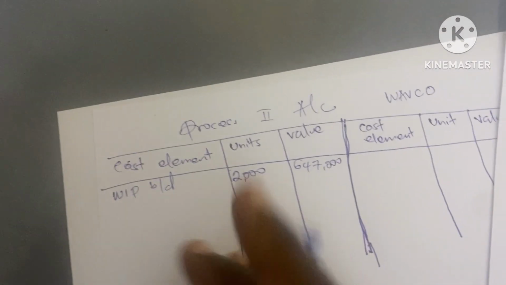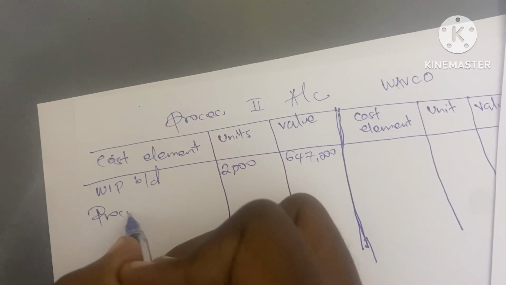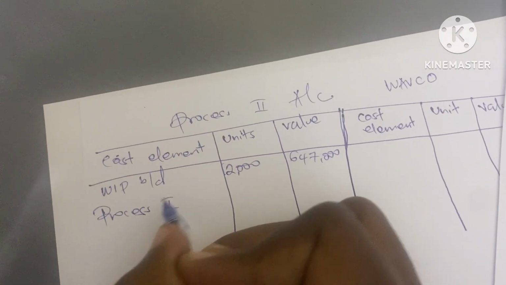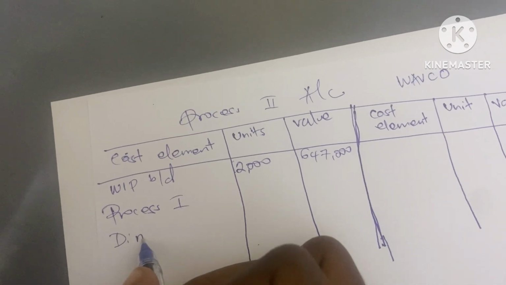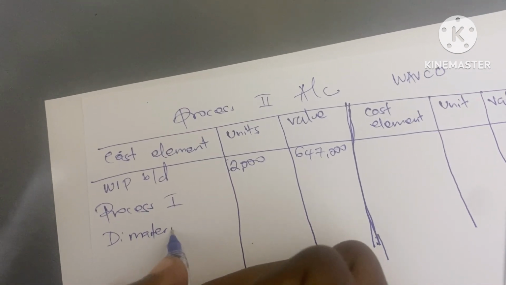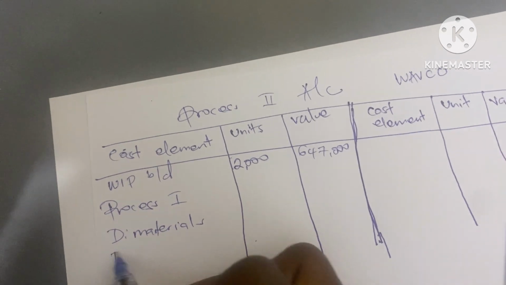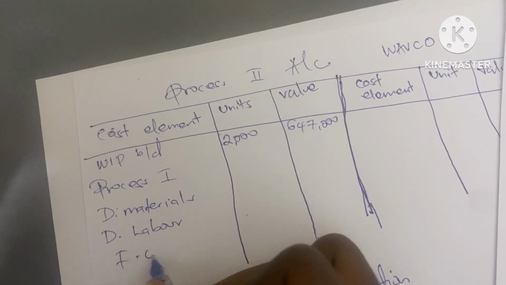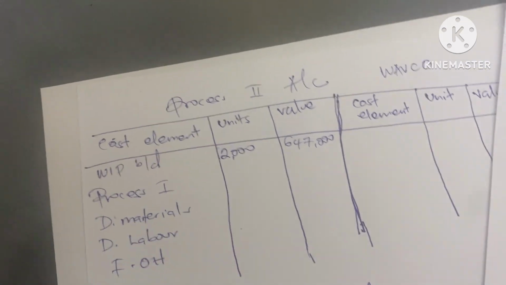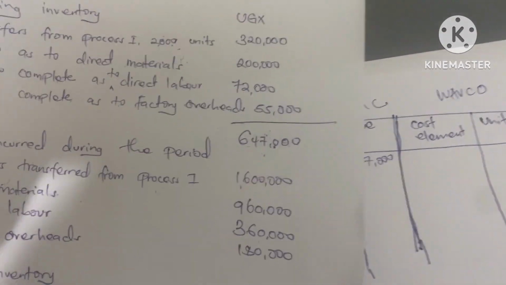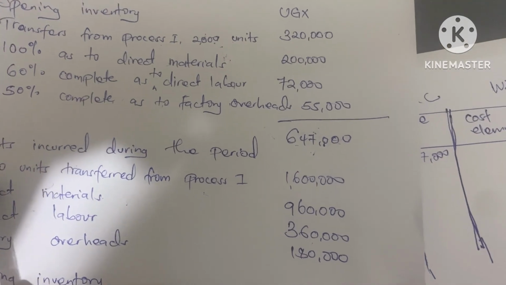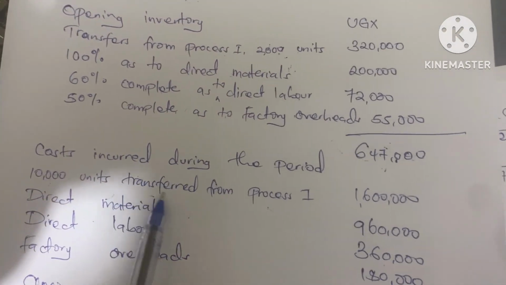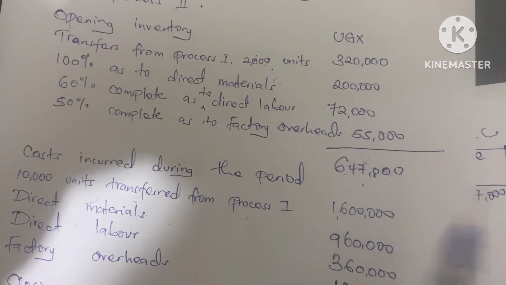So process 1, direct materials, direct labor, then the factory overheads, like that. So we just copy and paste. 10,000 units transferred from process 1 at that value.